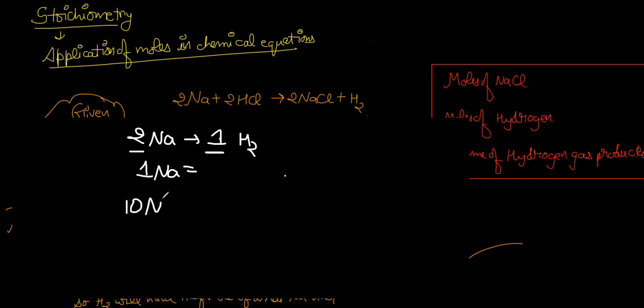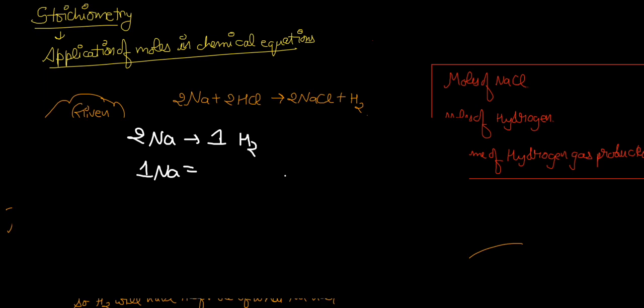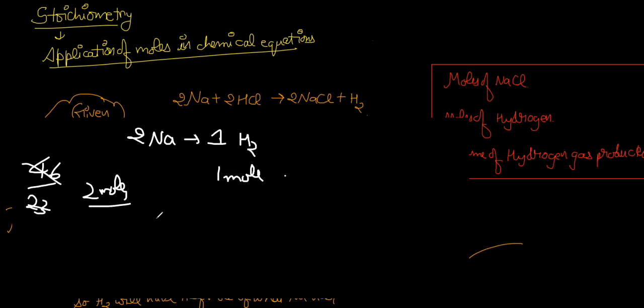If you had 10 moles of Na, you will be getting 5 moles of H2. If you had 100 moles of Na, you'll be getting 50 moles of H2. This is what this means. So in reality, you have 2 moles of Na. In the question, we found out 2 moles of Na because 46 grams was the mass, divided by 23, you will get 2 moles. So now you'll be getting 1 mole of hydrogen. Basic maths.